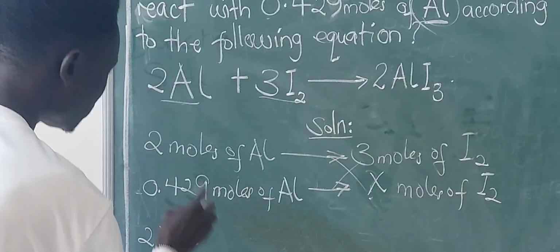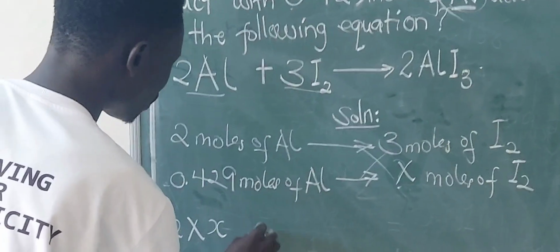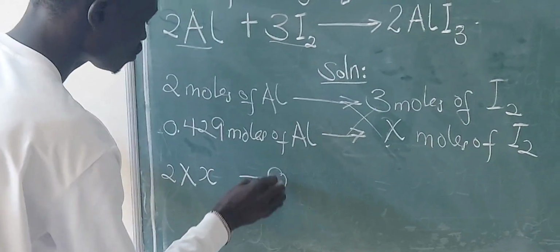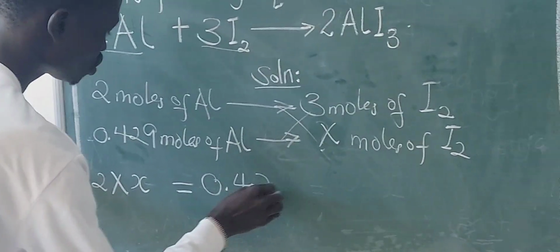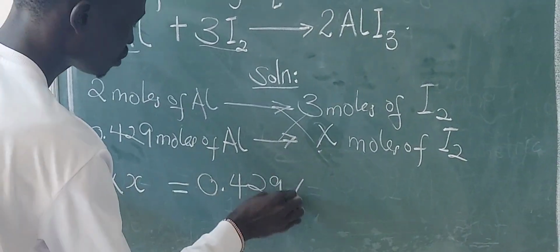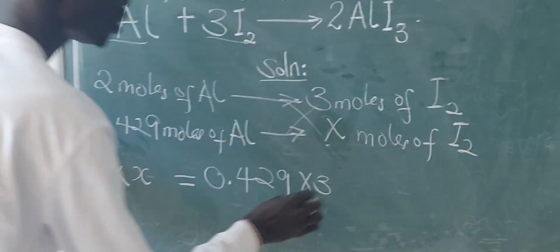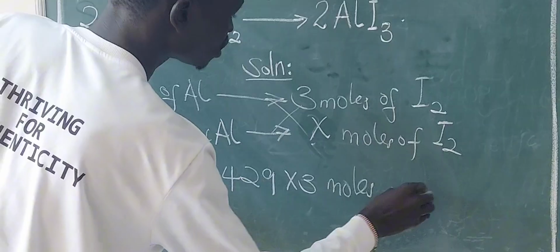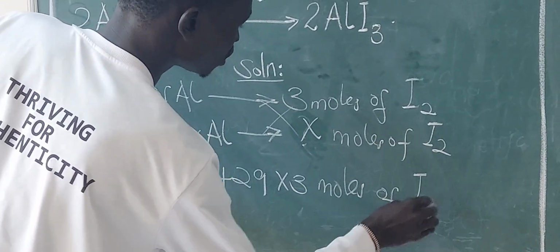So it will be 2 times x equals 0.429 times 3 moles of iodine.